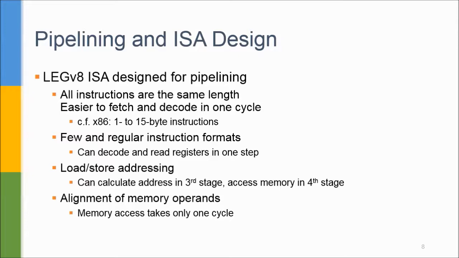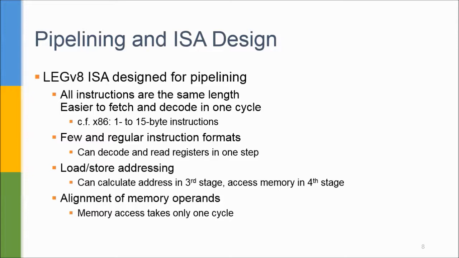The second point in designing an instruction set for pipelining is that LEGv8 has just a few instruction formats, with the first source register and destination register fields being located in the same place in each instruction. The third point is that memory operands only appear in loads or stores in the LEGv8 instruction set architecture.